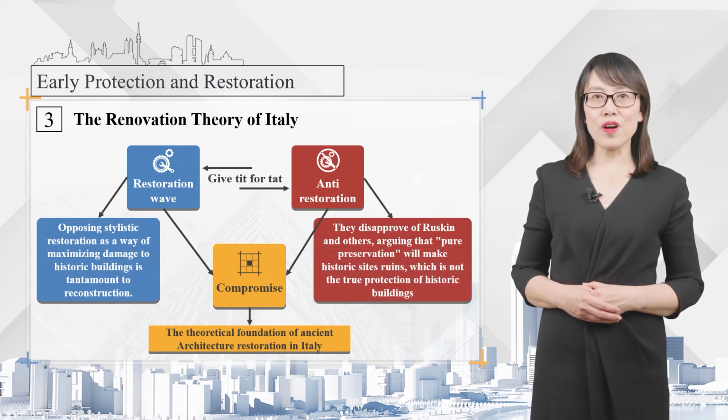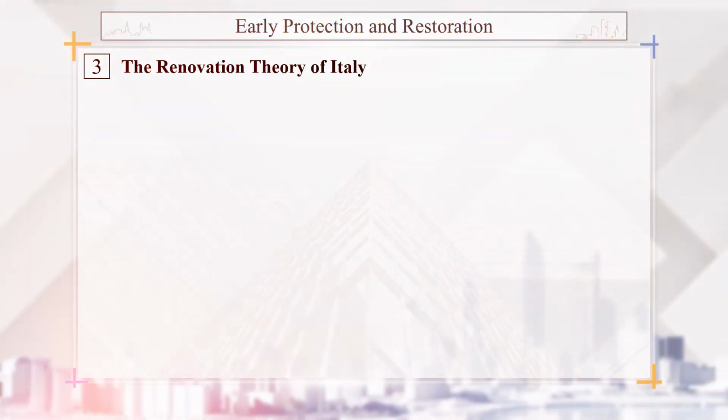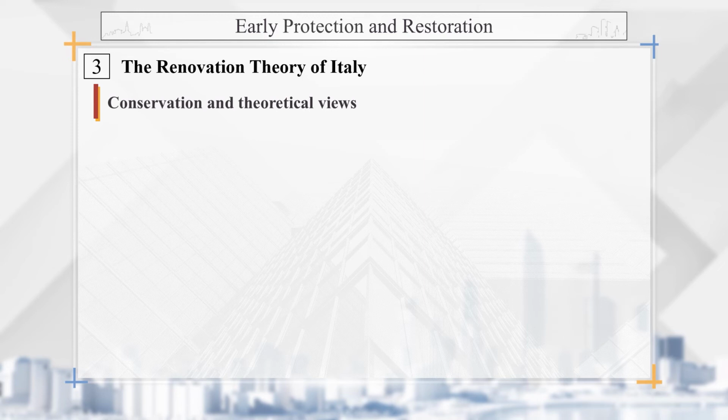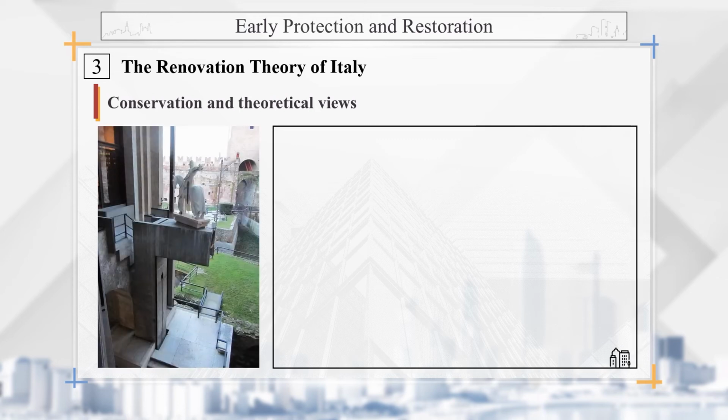They disapprove of Ruskin and others, arguing that pure preservation will make historical sites ruins, which is not the true protection of historic buildings. The main viewpoints of Italian remediation renewal include the theory of documentary restoration by Boito, the theory of historical restoration by Beltrami, and the theory of scientific restoration by Giovannoni.